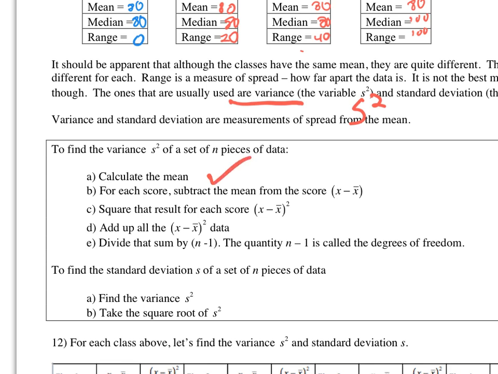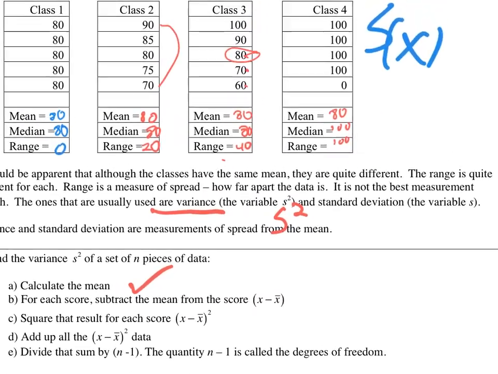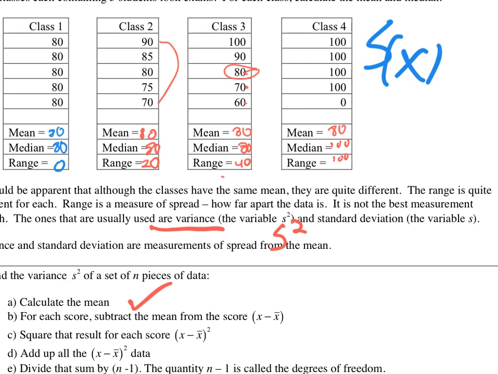Then, for each score, we subtract the mean. I'm going to pick the list of data that looks more different, class 3.